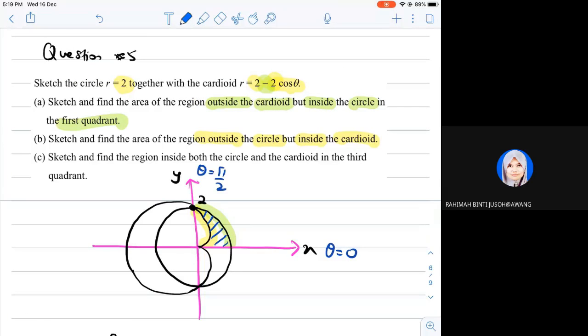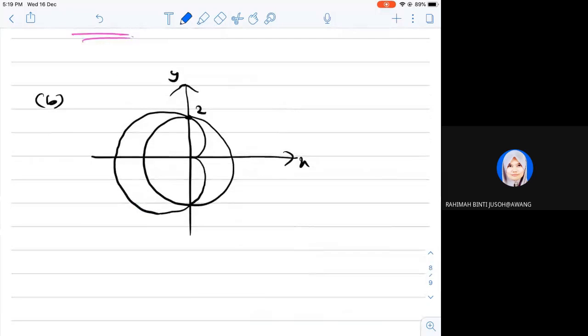Outside circle, inside cardioid. Outside the circle, inside the cardioid. A moon shape, well done. So now guys, the angle above here is pi over 2. How about the angle here? 3 pi over 2. Yes, very good.